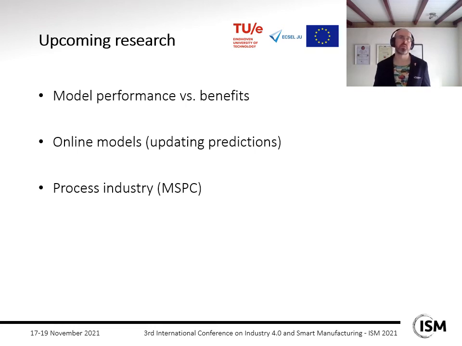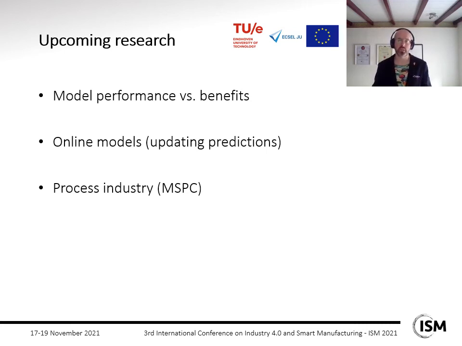One of the things that we want to do is a sensitivity analysis to evaluate what kind of model performances you would need in which situations to obtain benefits of predictive discarding in a manufacturing process. And also, now we've looked at classifiers to just classify whether a wafer would be sufficient or insufficient.